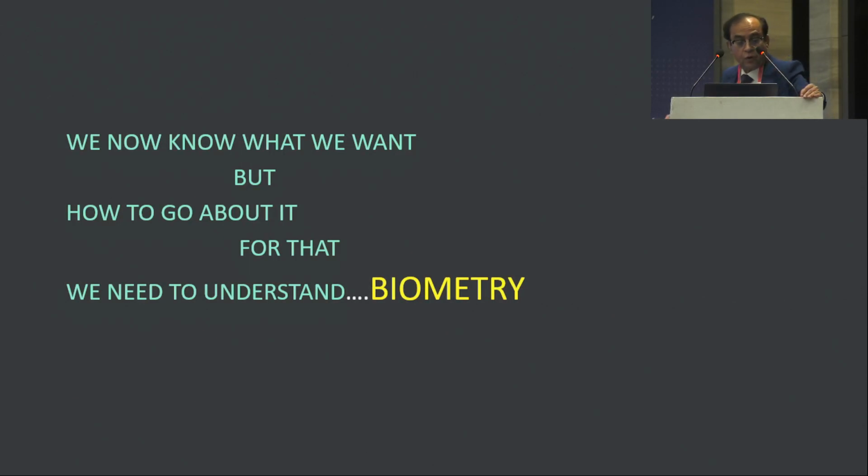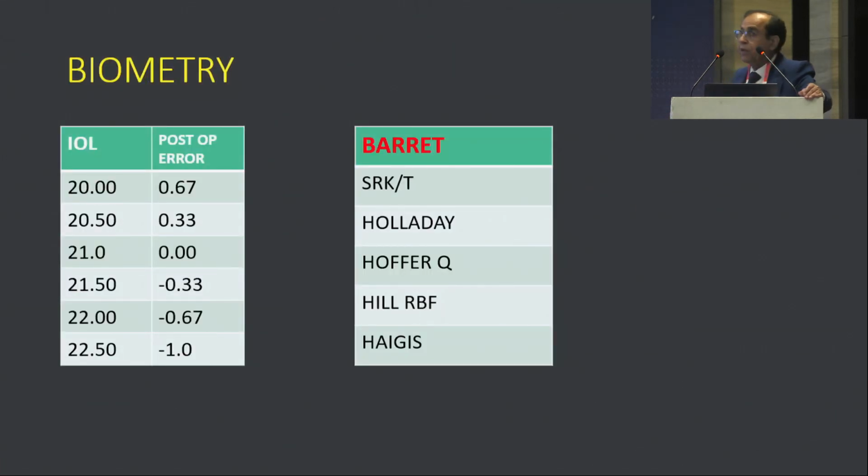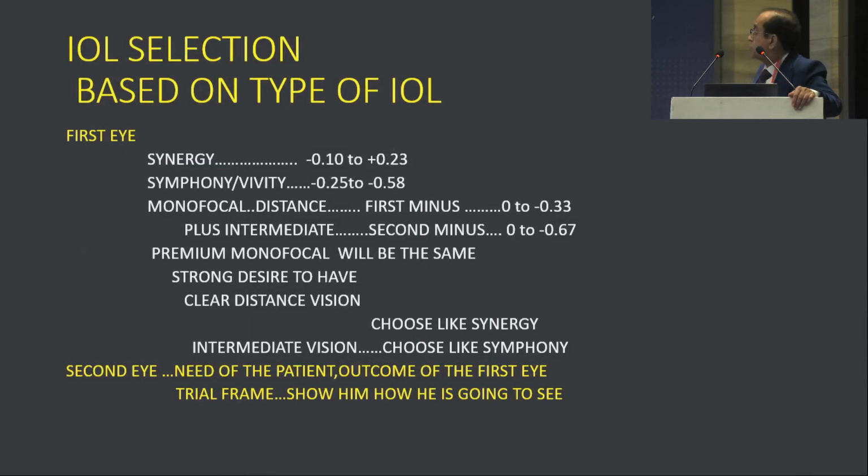So we know what we want, but how to achieve it, for that we need to understand biometry. I am not going into the details of biometry, but one thing you need to understand is that a half diopter change over here translates into 0.33 diopter over here. So with Synergy, if I'm choosing an IOL, I'll choose between minus 0.10 and plus 0.23.